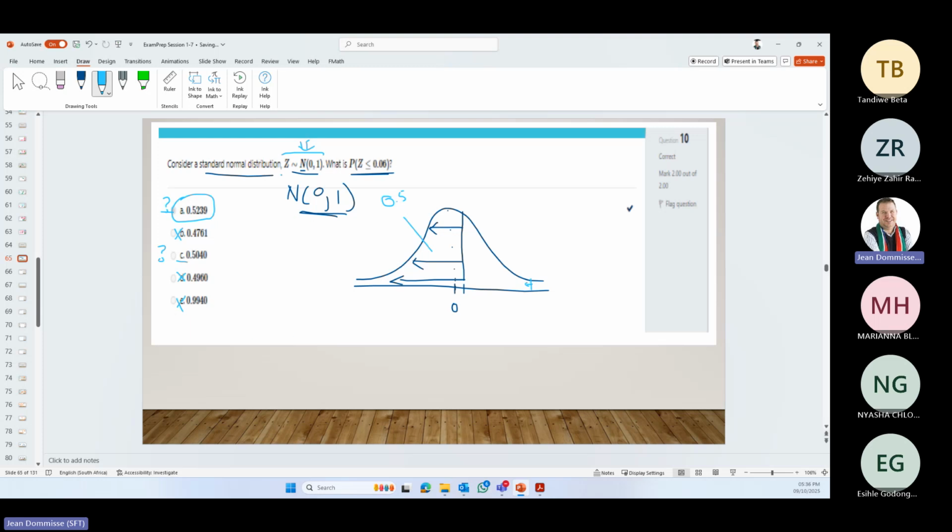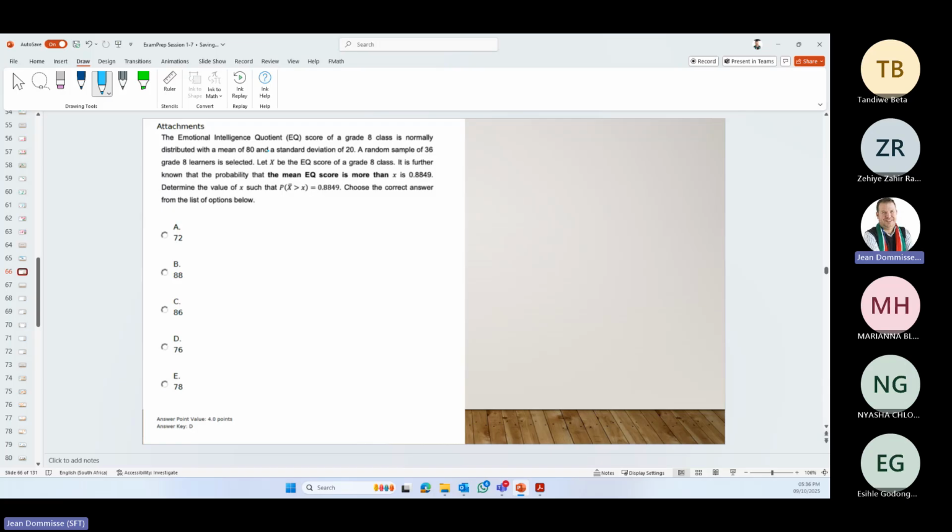So what they can do in a question that we work with, and I'll do it here so that you guys can see how it could have been phrased: the emotional intelligence score of a grade 8 class is normally distributed with a mean of 80 and a standard deviation of 20.